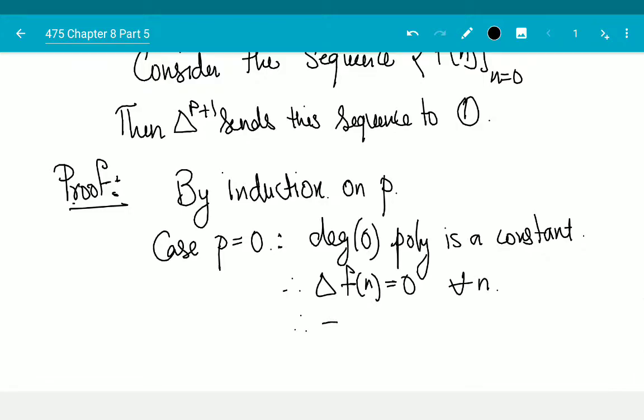Therefore, delta to the 1, which is 0 plus 1, sends f to 0.